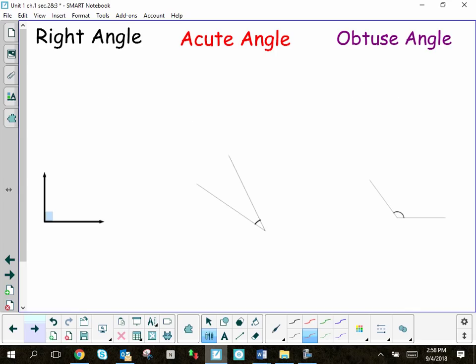Moving on. This you did in middle school, so we're just going to review these real quick. Right angle, acute angle, obtuse angle. These are all real simple. I have a picture of each one. A right angle is exactly 90 degrees.